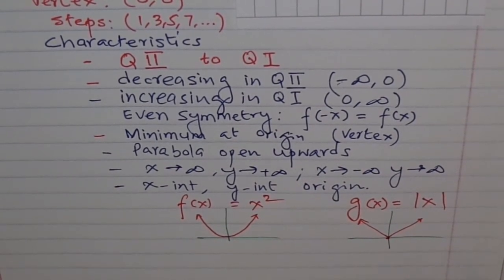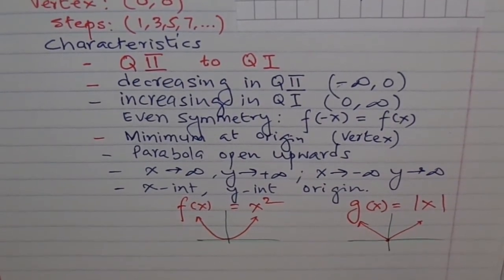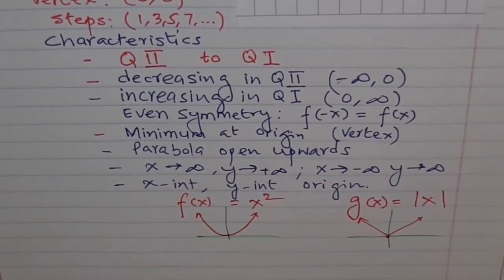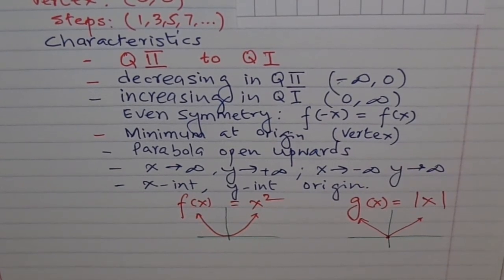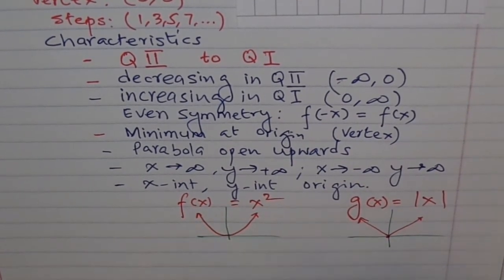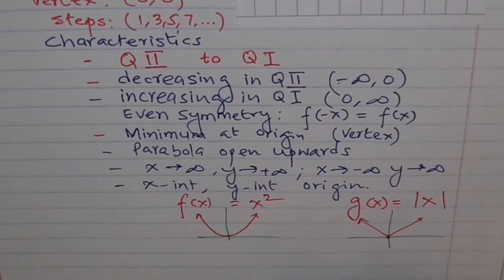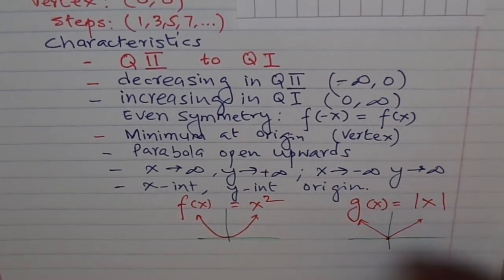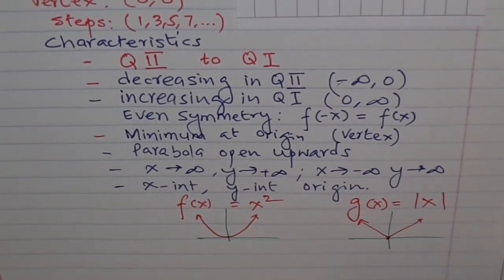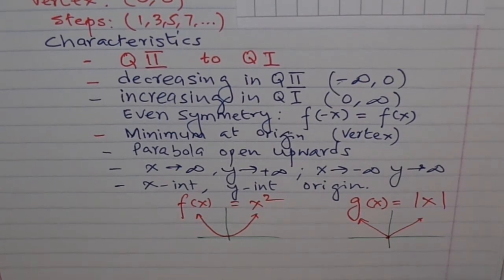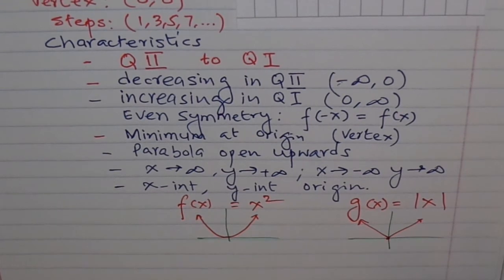We have 2 odd functions, correct? The linear and the reciprocal function. So try to get these terms: even function, odd function, even symmetry, odd symmetry, increasing, decreasing, end behavior, vertex, x-intercept. These are the terms which will help you to characterize or to describe a graph.